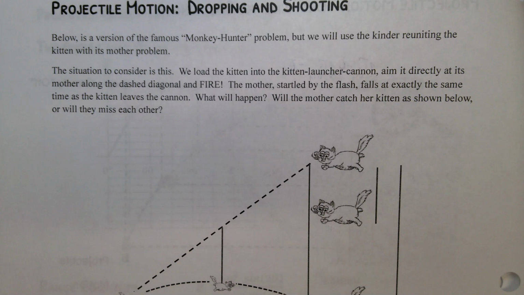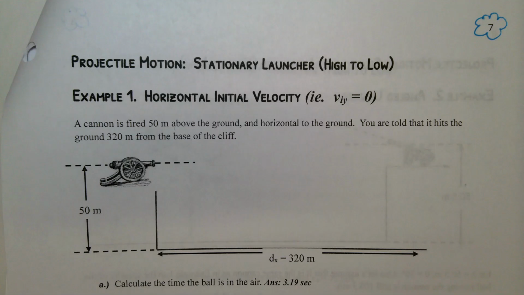Because the arrow and the monkey will be affected by gravity exactly the same way. So as soon as they let go, the arrow would be shot and it would actually meet the monkey, because vertical gravity will work the exact same on both. Okay? So let's take a look at the actual demonstration of that.